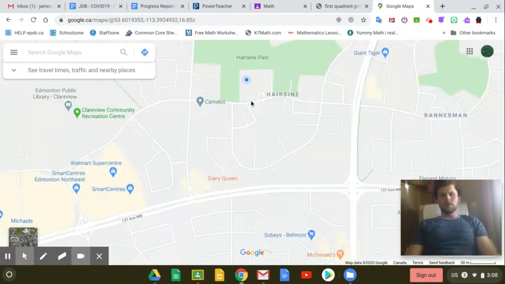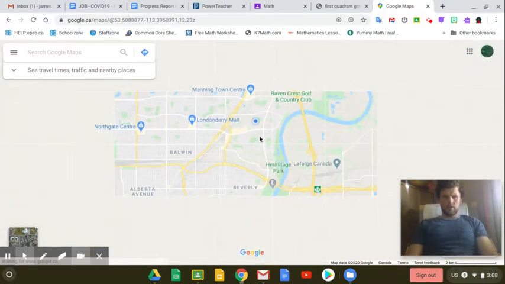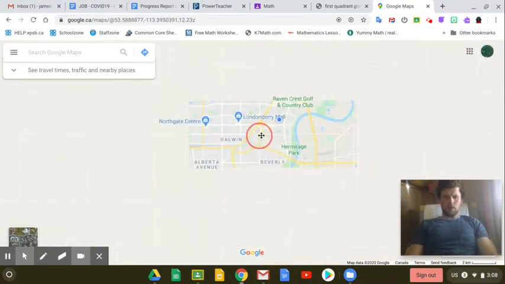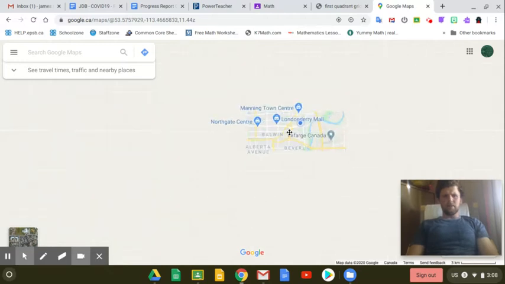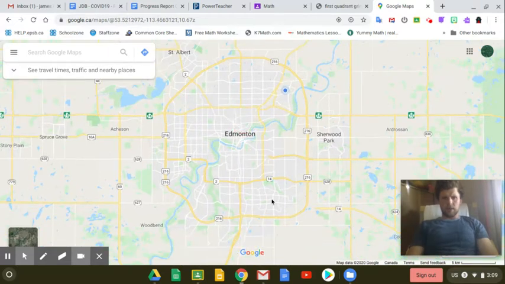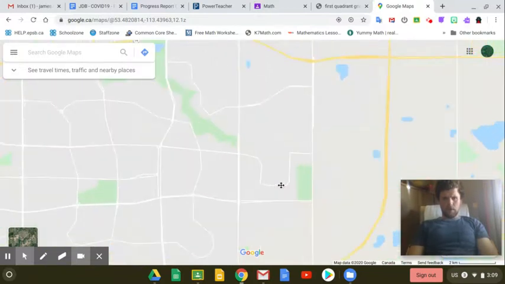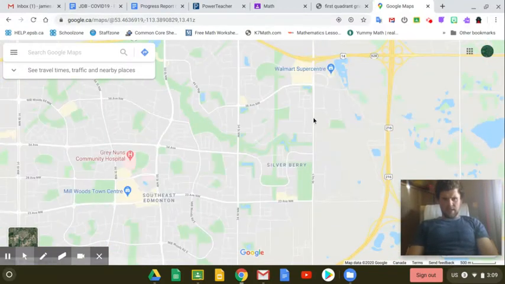Now, if you were to zoom out on Edmonton, if we zoomed way out, we would see that the people who designed Edmonton initially actually had a sort of Cartesian plane in mind. Because if you go all the way down here, we will see this is 17th Street here.